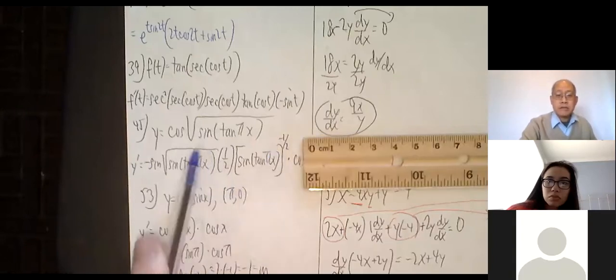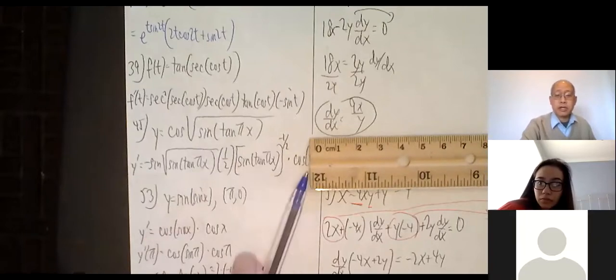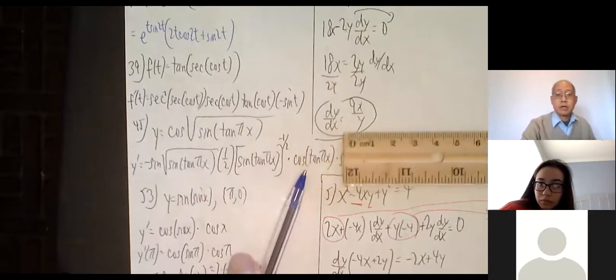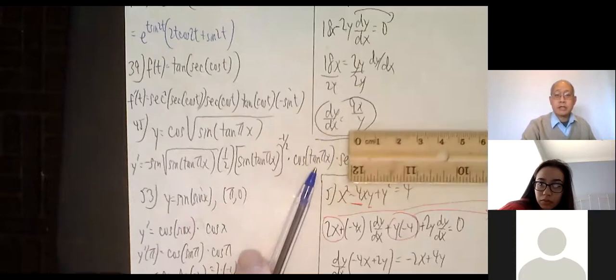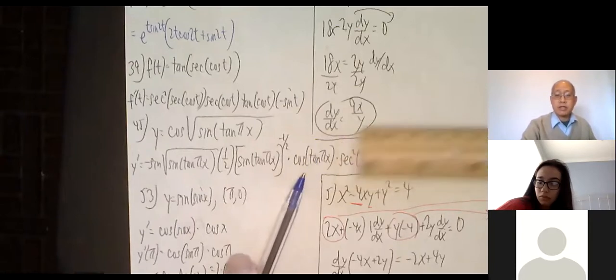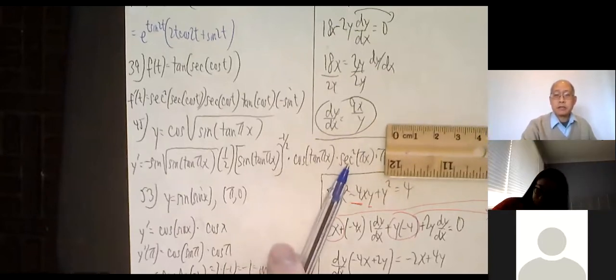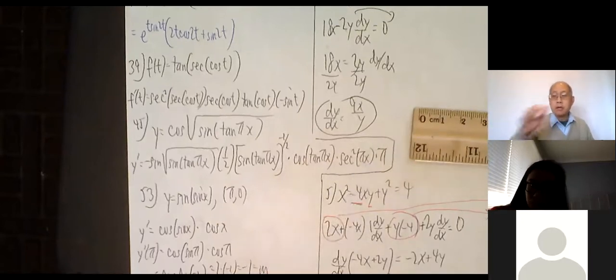Okay, then keep going, times derivative of sine. Derivative of sine is cosine. So cosine tan pi x. Then I differentiate tangent pi x. Secant squared pi x. And then multiply by pi.